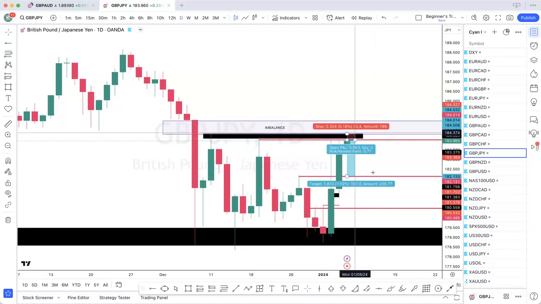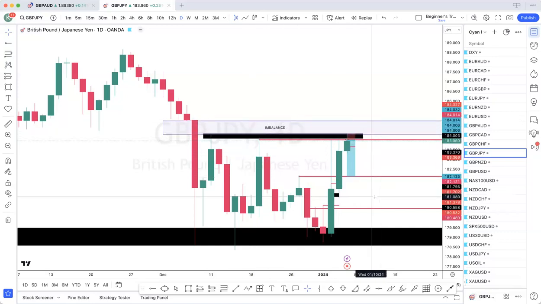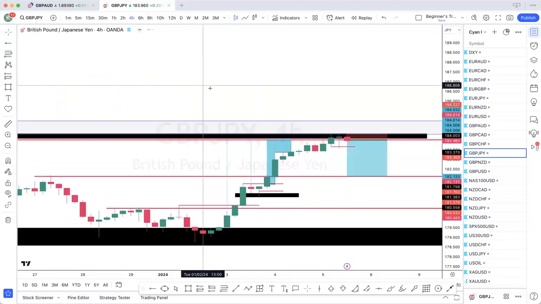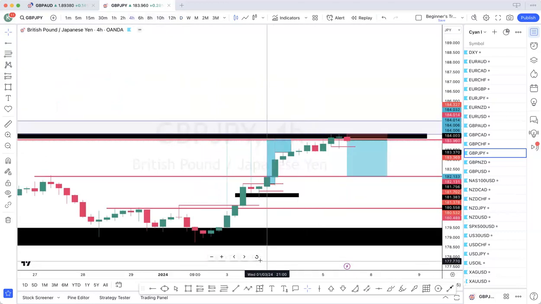Break these highs and then sell. Yeah, maybe, especially if it happens during the dead period, the hour that we can't trade.